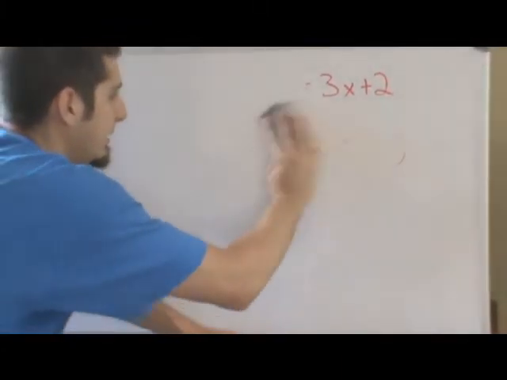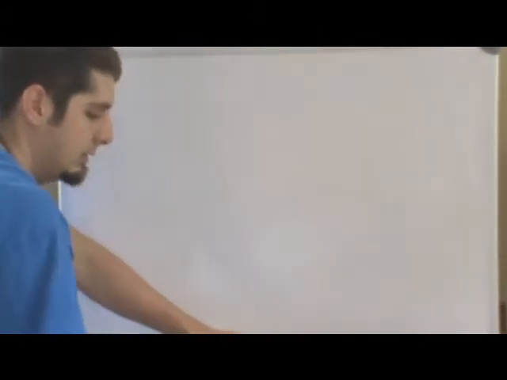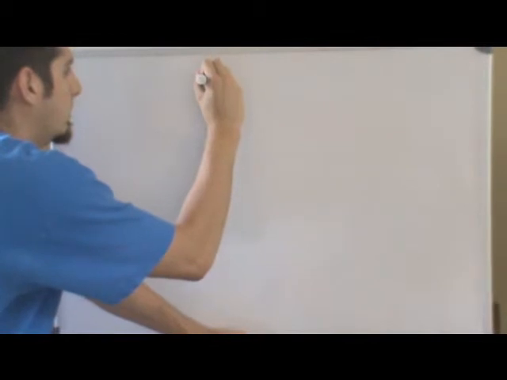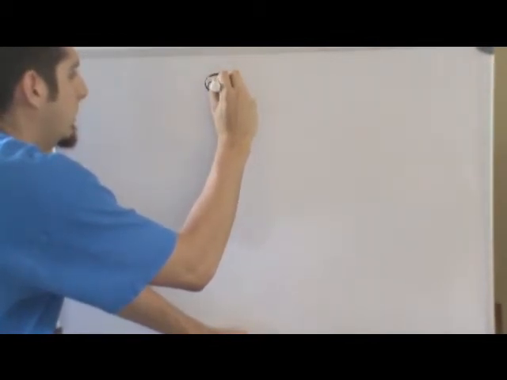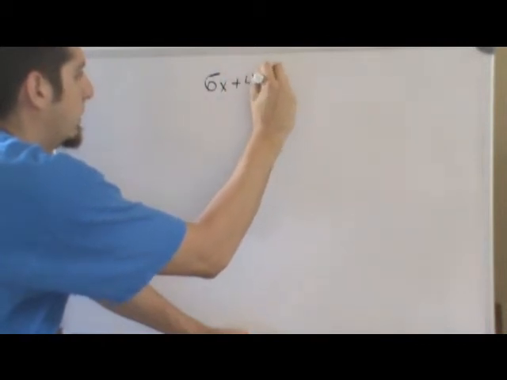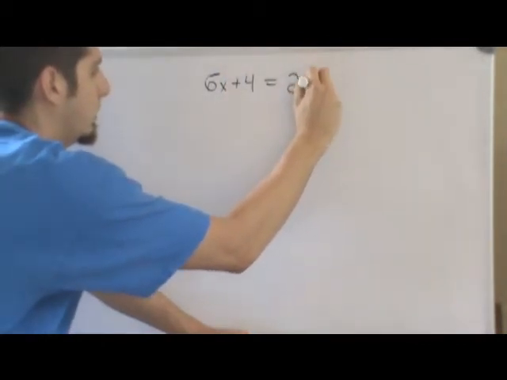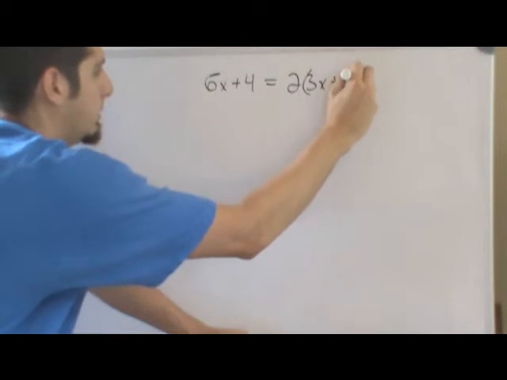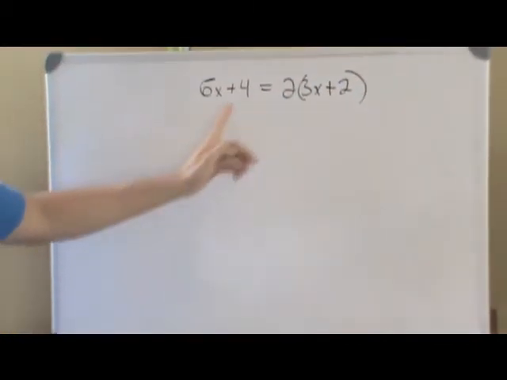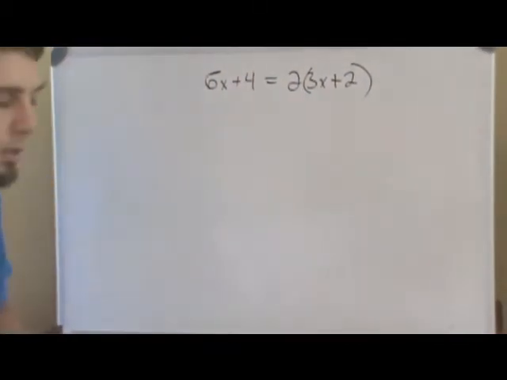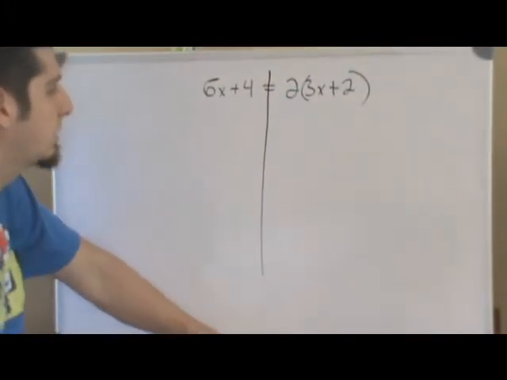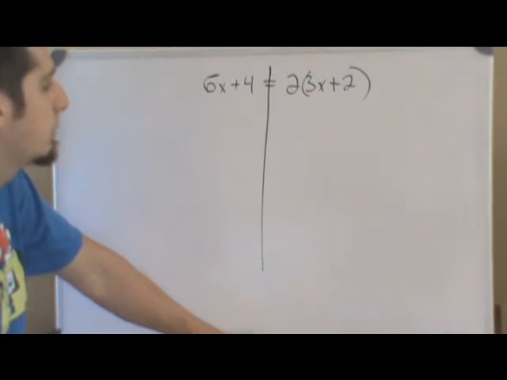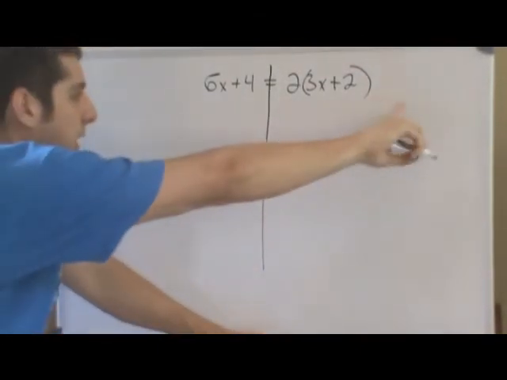The other thing you might see is 6x plus 4 equals 2(3x plus 2). This will also get you an all numbers solution for your answer where any number works for x, but you have to remember that this is unsimplified.